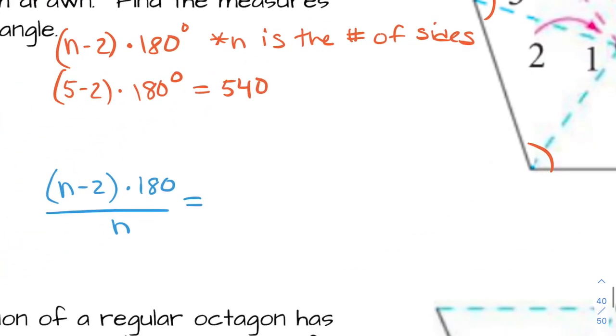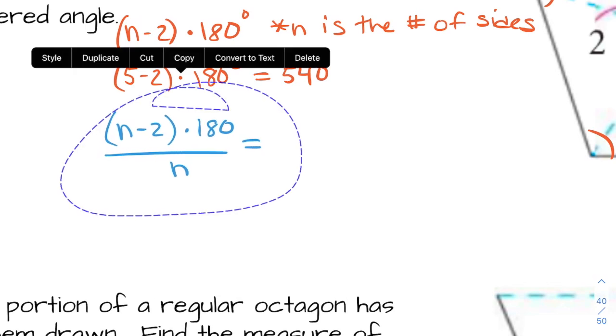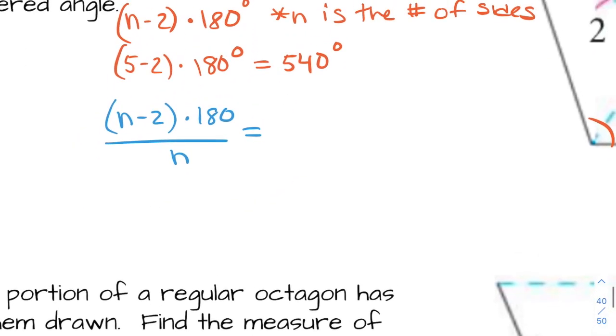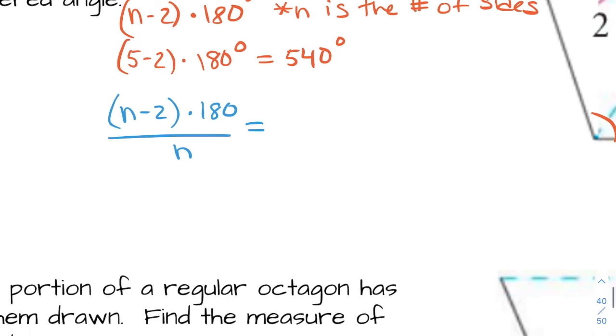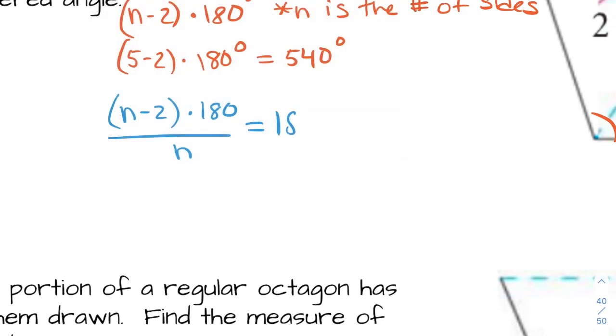What I meant to say is not what I said. So it's 540 total degrees. Now if I divide that by 5, because it's 5 sides, I get 108. My apologies, it is late and I am still trying to get all these notes done.